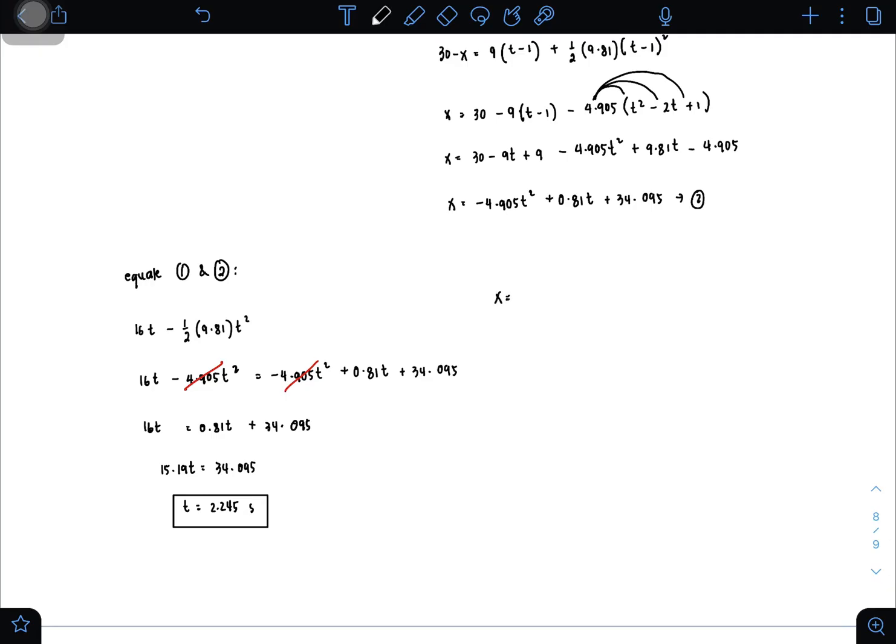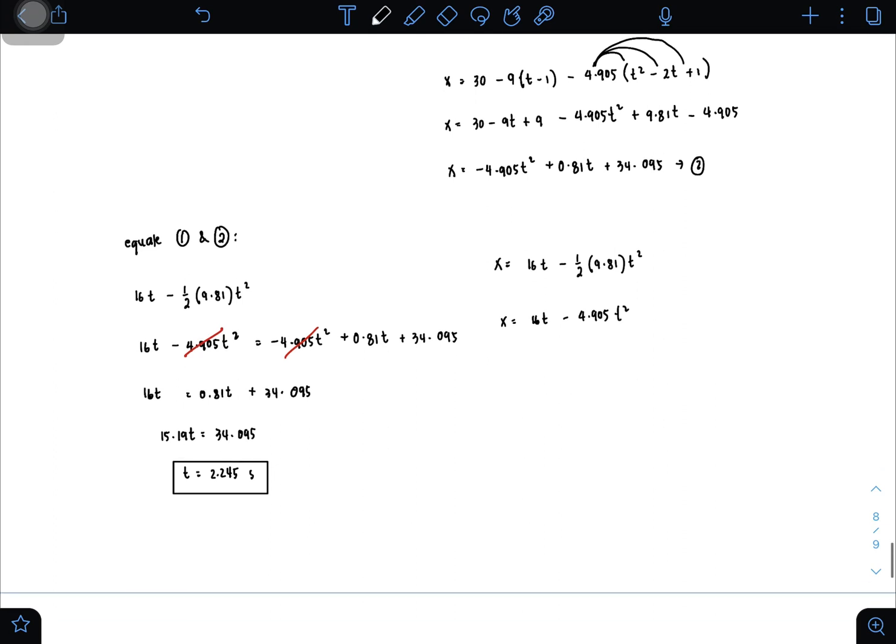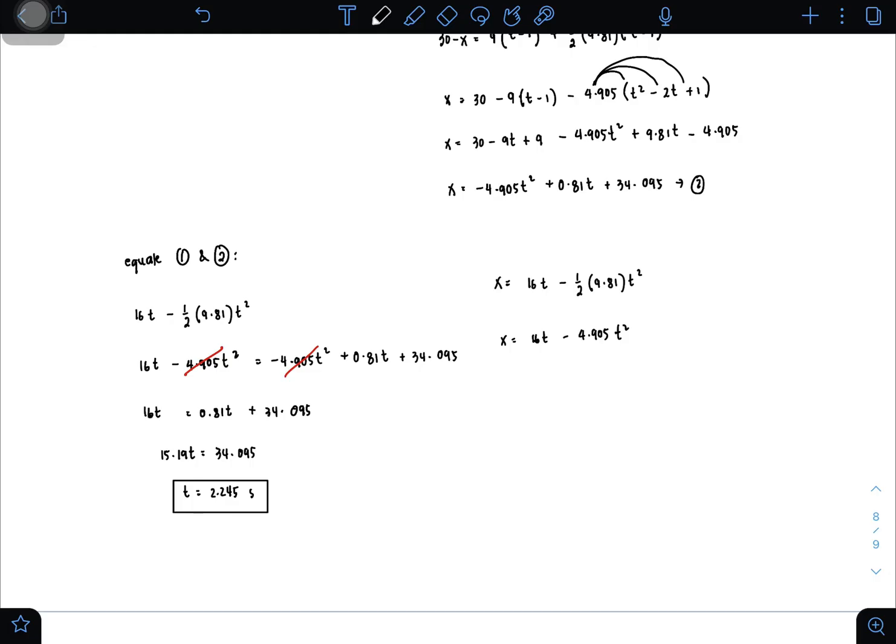So x is here. So that would be x equal to 16 time, by the way, minus 4.905 t squared. Okay, so I'll just make a simplified equation. Then x is equal to 16 times 2.245, and then minus 4.905, and then you multiply that with 2.245, and you square that.